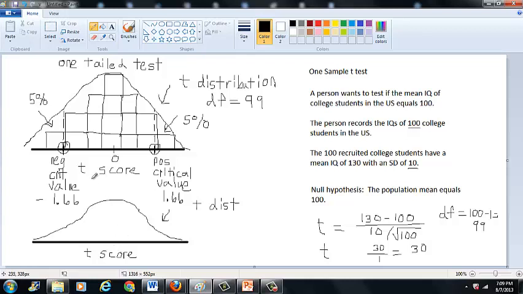In a two-tailed test, the difference is the critical values actually only have 2.5% beyond them. Only 2.5% of the combinations are in these areas up here beyond the critical value. This one down here is also 2.5%.